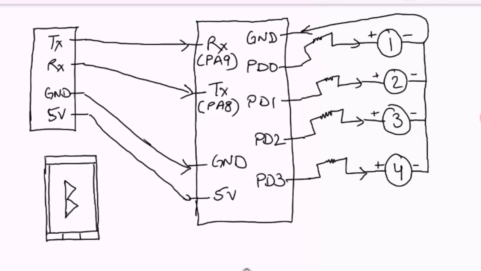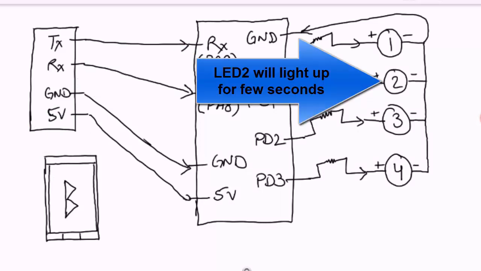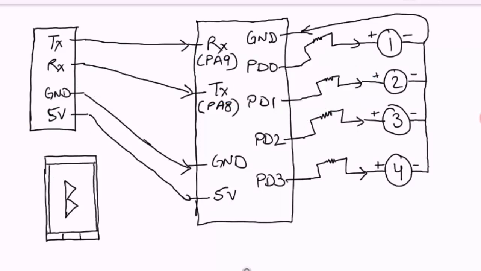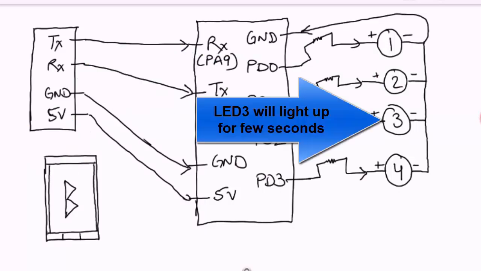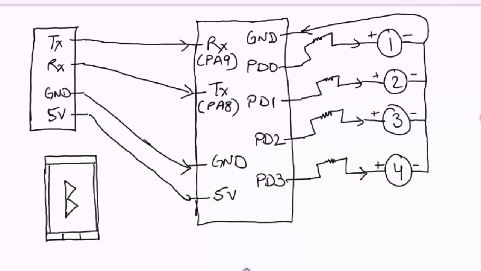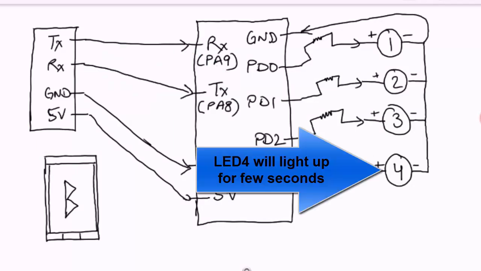And in the same way, if we send the B character, then it will light up LED 2 for 2 seconds. And if we send the C character, then it will light up LED 3 for a few seconds. And in case we send something else, then it will light up LED 4 for a few seconds.